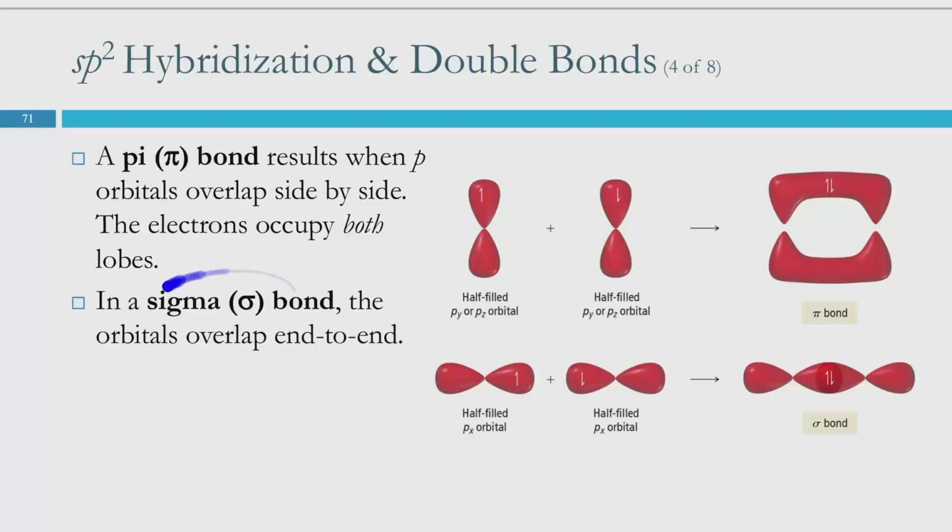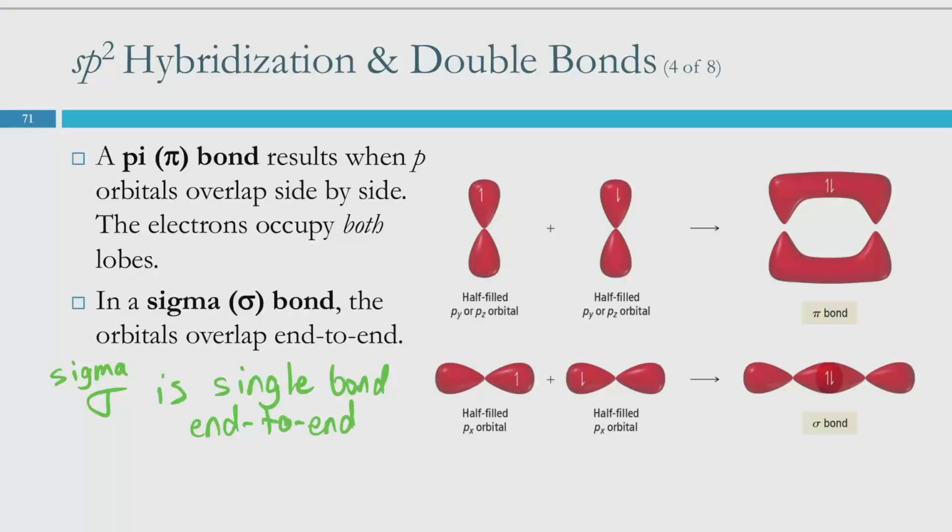And we also have sigma bonds, and sigmas are end to end. Sigma is single bond. These are end to end bonds. And these are very strong. This is the handshake of a bond.